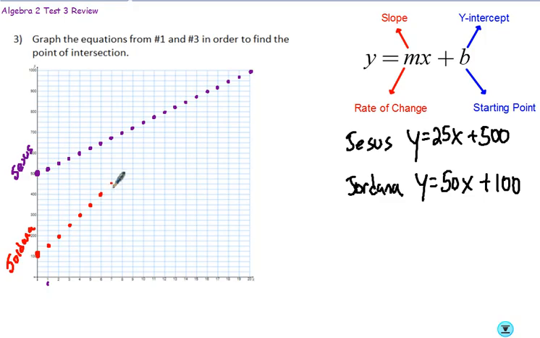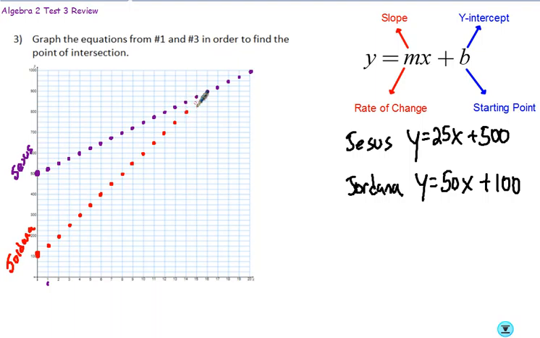Up 2 over 1. And then what you notice is that her line is much steeper than his. See, we're catching up. We're getting pretty close. And eventually, we're going to entirely catch up, and then our two lines are going to intersect. Our two lines are going to cross over each other.